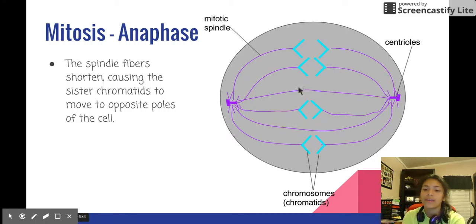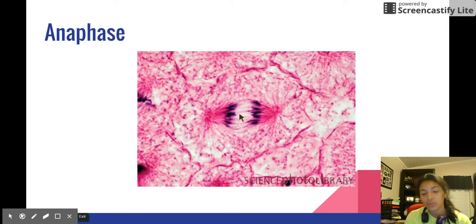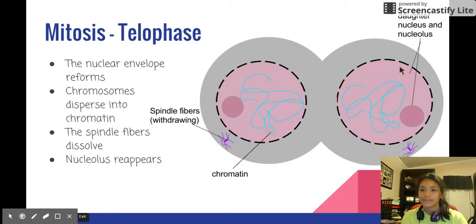And then once they're pulled apart, they move toward the poles of the cell. That's shown here. See, the microtubules are shortening and the chromatids are pulled apart. Okay, and then the last stage of mitosis, not of cell division, is telophase.